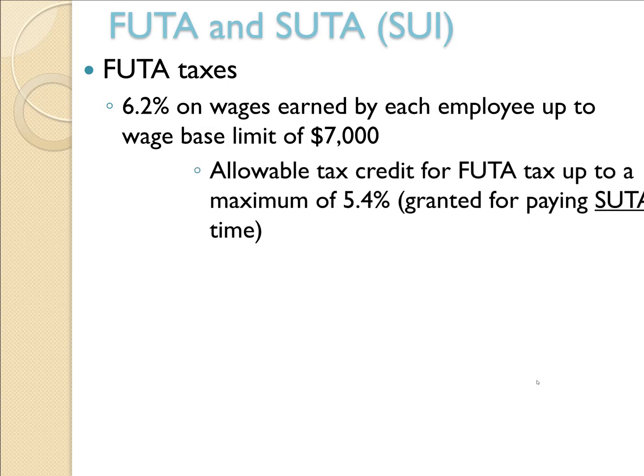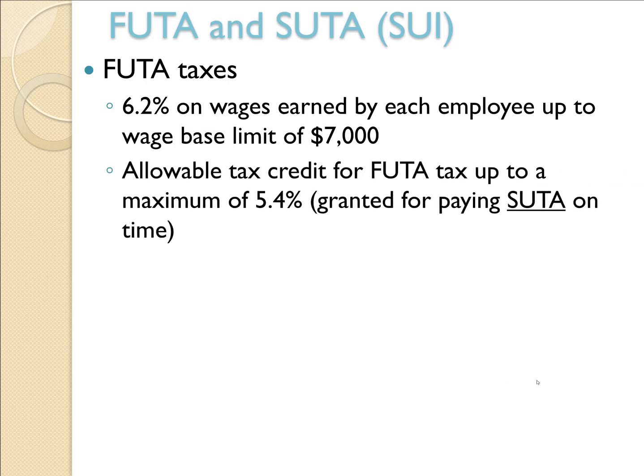Now there is a credit, and it is a huge credit, that employers will get if they pay their state unemployment, in other words SUTA, on time. If an employer pays their SUTA taxes on time, then they get a credit of 5.4% on the FUTA tax. This is a huge incentive to pay your SUTA tax on time. Because most employers pay their SUTA on time, they get the 5.4% credit.